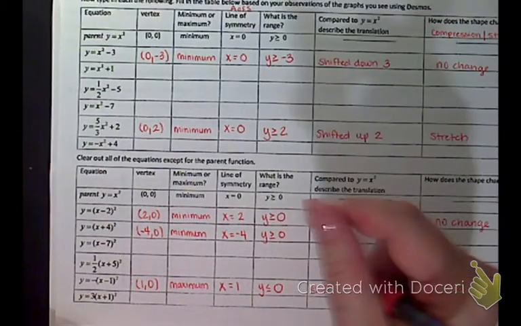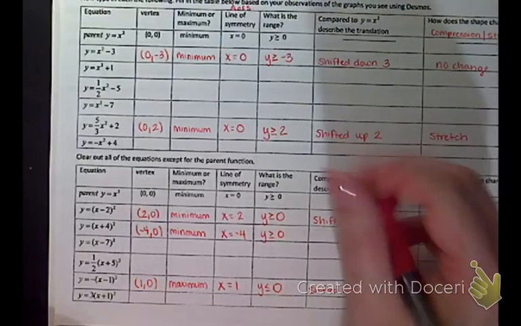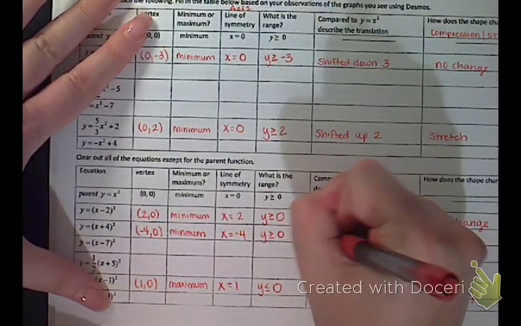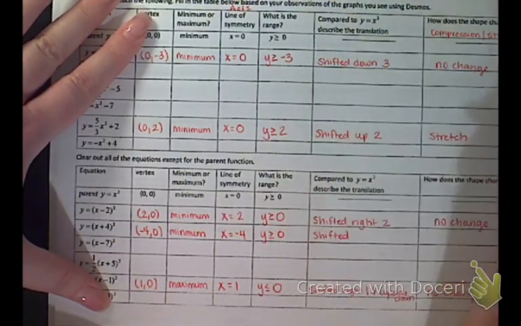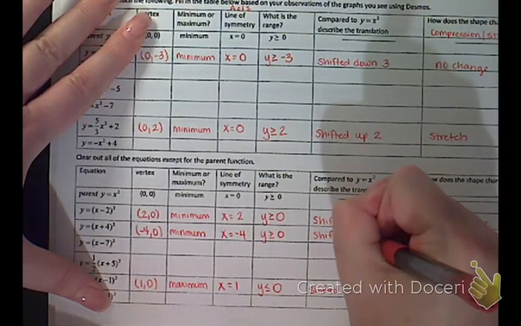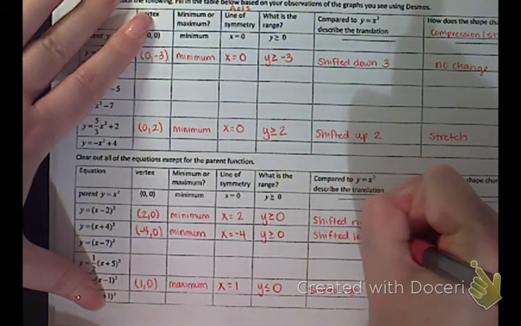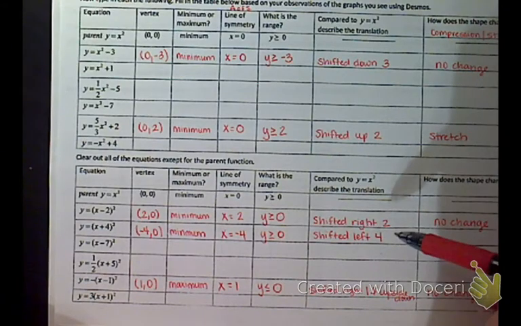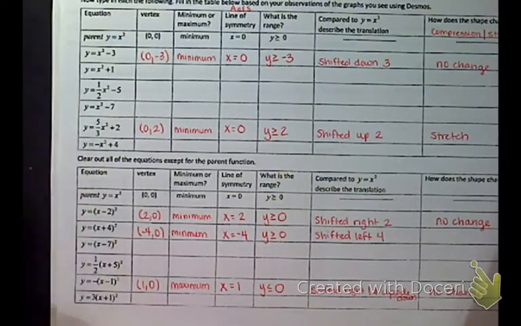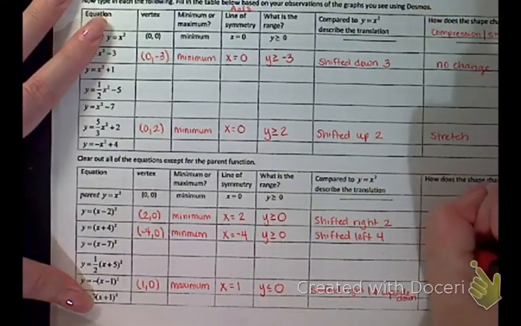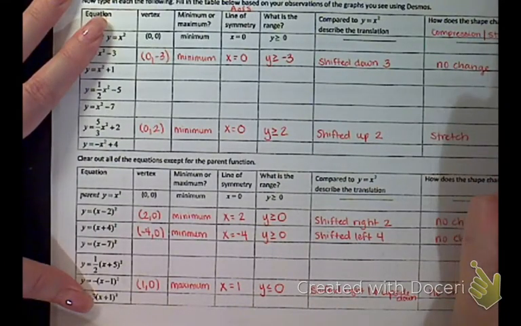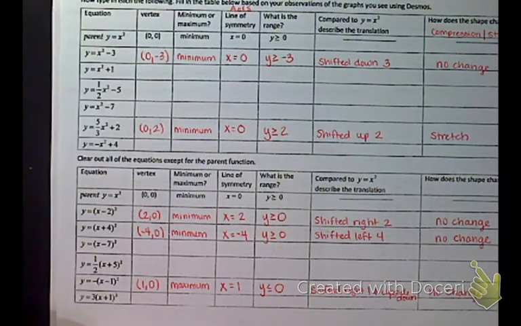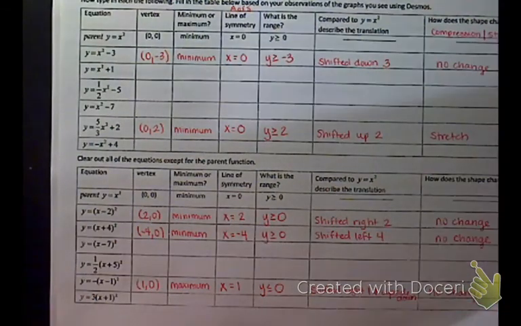And now here's where things change. Your shift should have been a shift left 4. So hopefully you notice that from your parent function, this new one shifted left 4. My a value is 1, so there is no change to the actual shape of the graph. So that's what you should have on your paper for that next row.